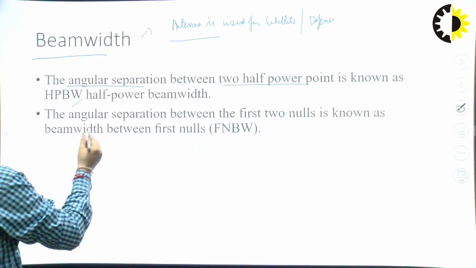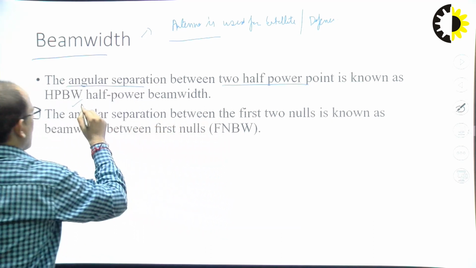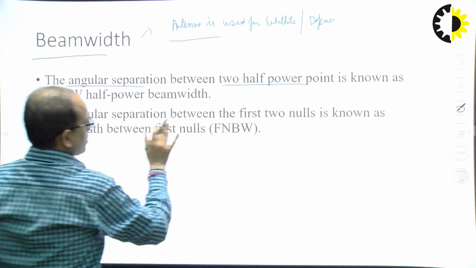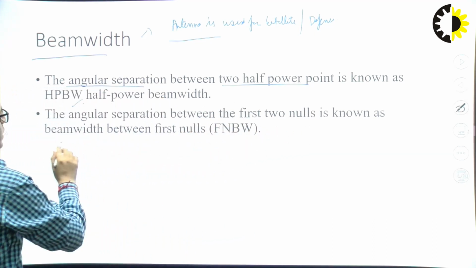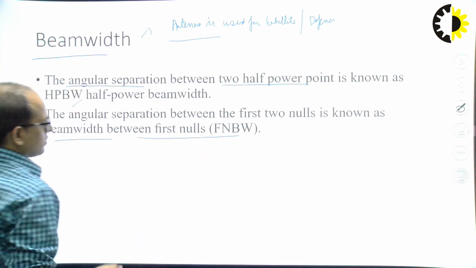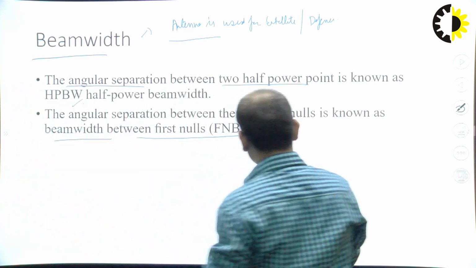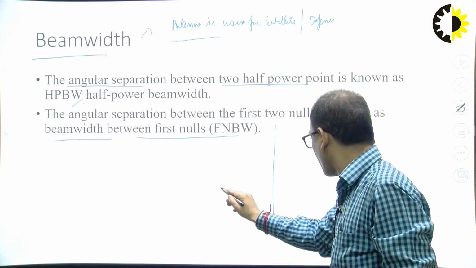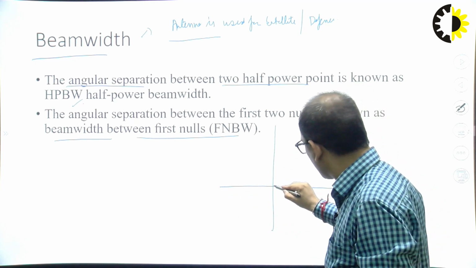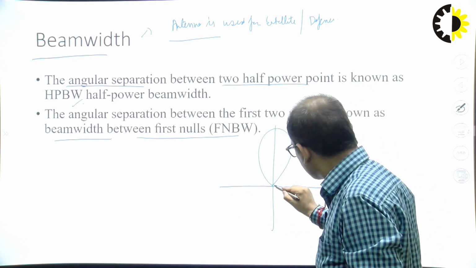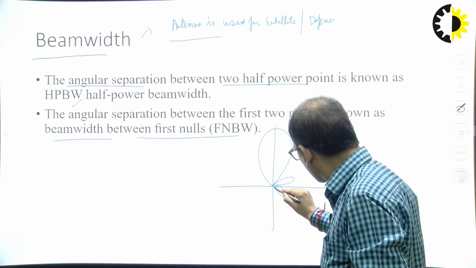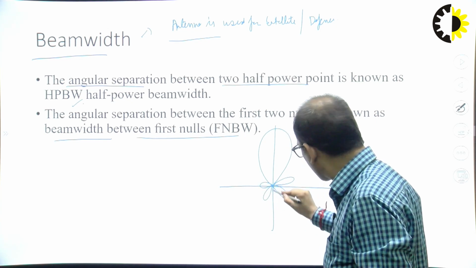So the angular separation between the two half power points is known as the half power beam width, and the angular separation between the first two nulls is known as the beam width between the first nulls. That is, if I say this is a radiation pattern, clear?